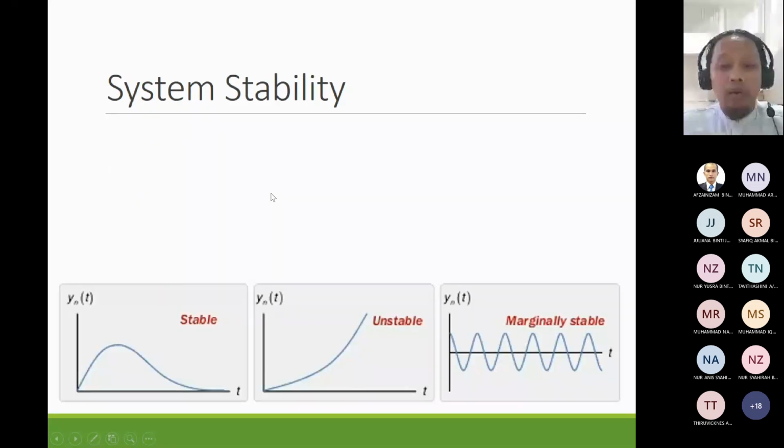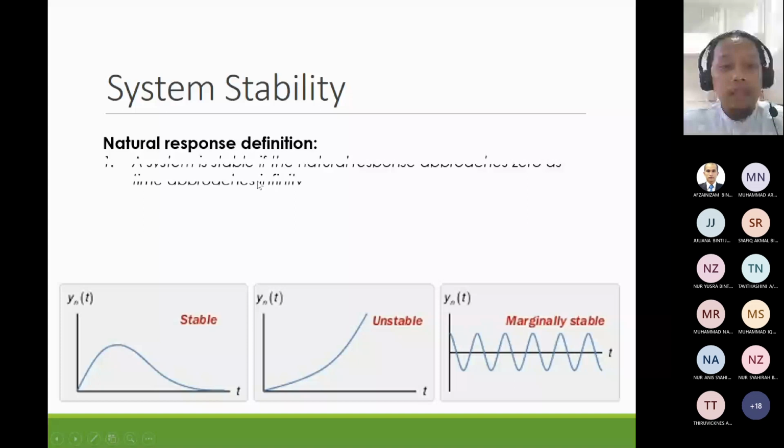Before we go into learning what Hurwitz criteria is, let's understand what system stability is. Last week we saw that a system response can have a natural response and also a transient response.